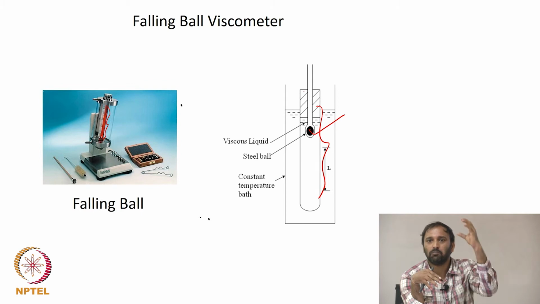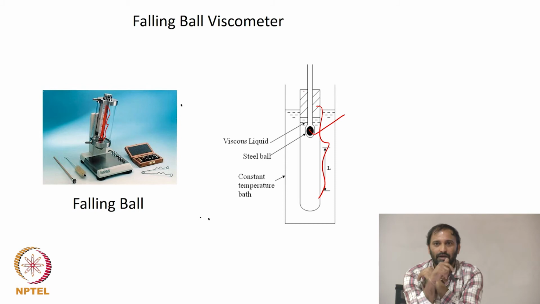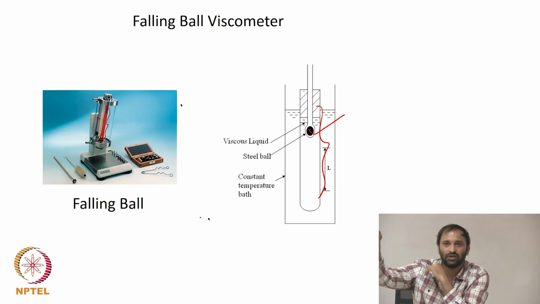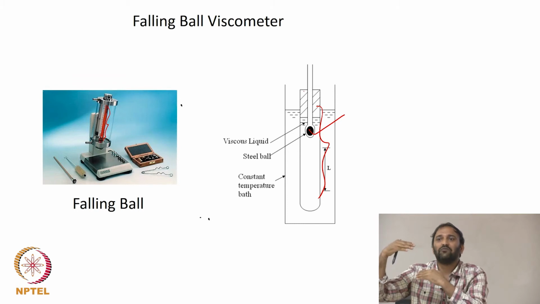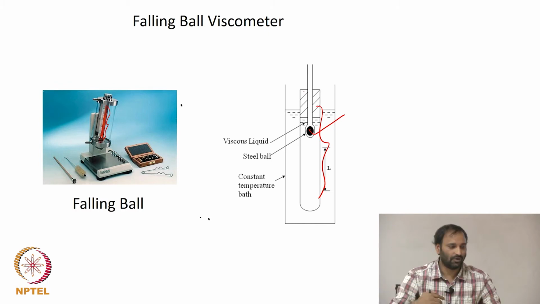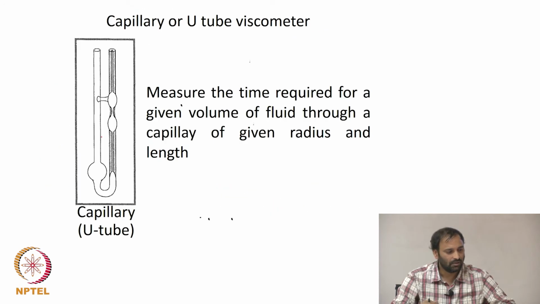If you plot the velocity as a function of time, it's going to increase initially and then remain constant, right. That's when your terminal velocity is reached. So I would have to have some way of measuring the velocity of the ball as it falls at successive positions, okay.